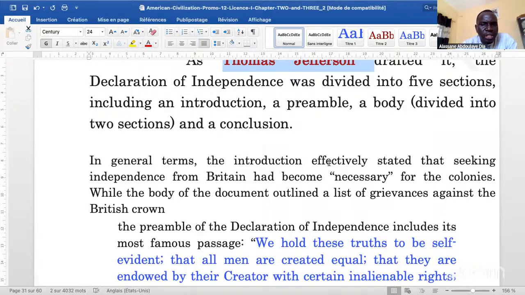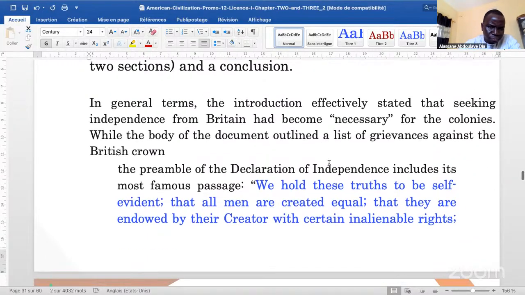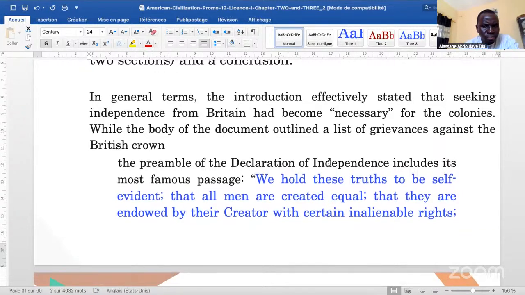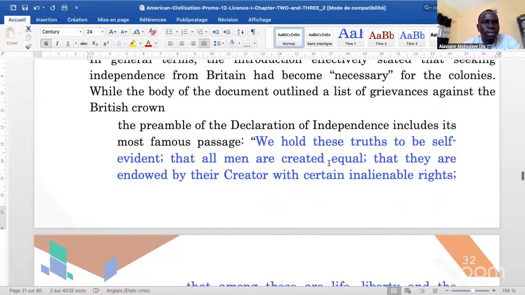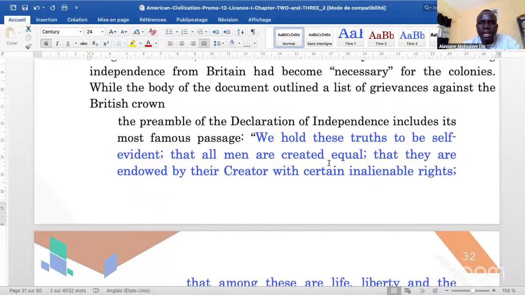So in all this, you find in clear terms how the founders, the founding fathers, les pères fondateurs de la nation, wanted to express their grievances, leurs doléances.